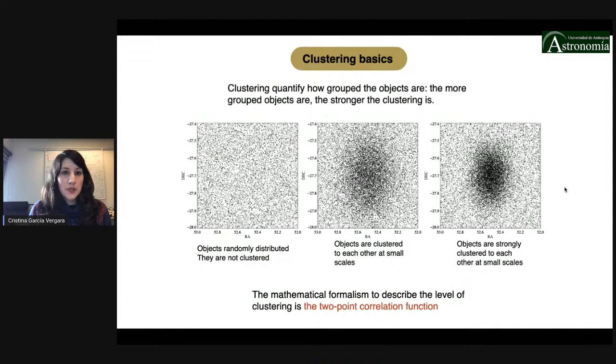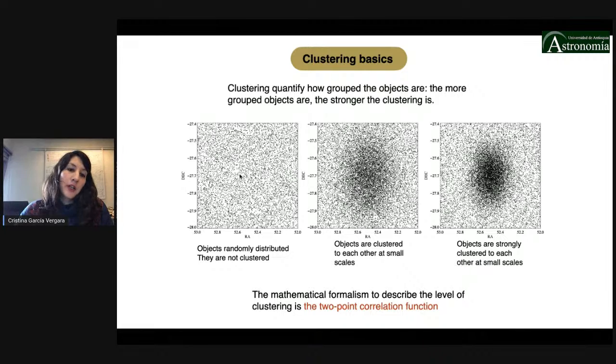In basic terms, the more grouped objects are, the stronger the clustering is. Here, for example, I'm showing 3 different distributions of points. In our case, those points are galaxies, but clustering is applicable to anything: stars, galaxies, clusters, people, any type of data.